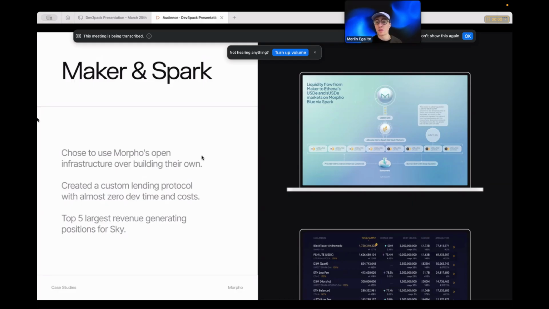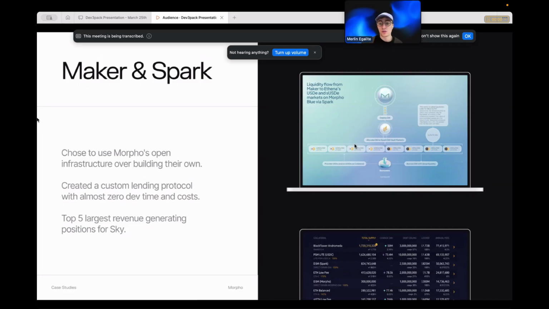And the cool thing is because Morpho is fully immutable, governance minimized, once you create a market, nobody can change it. So as a protocol, as Maker, you really own the entire stack. You don't fear someone upgrading the smart contract, updating the logic, updating the risk parameters of the markets.